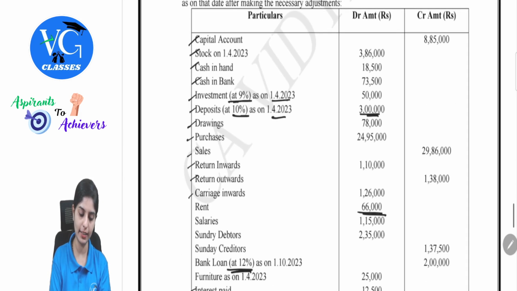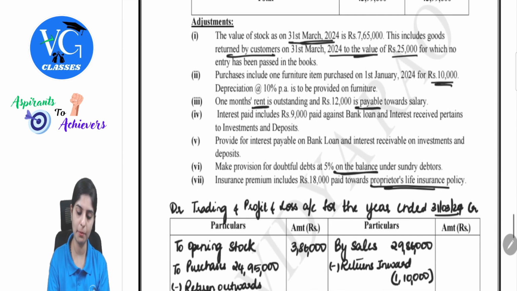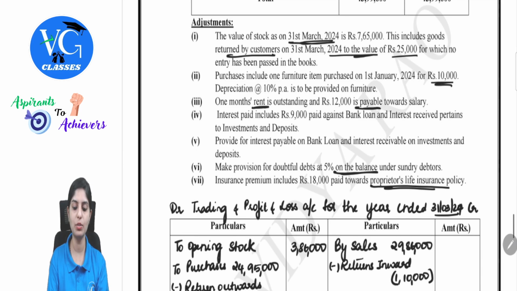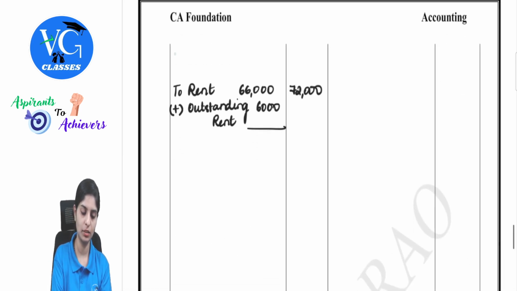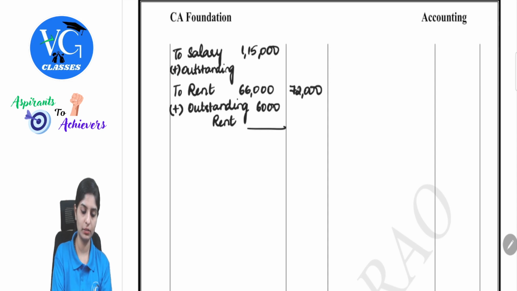Next item, salaries. Salary is 1 lakh 15,000. Same. For salary also there is 12,000 payable, that is outstanding salary. 1 lakh 15,000, add outstanding 12,000.